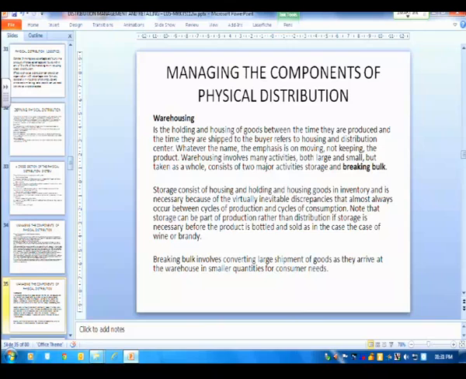Note that storage can be part of the production rather than distribution if storage is necessary before the product is bottled and sold, as in the case of wine and brandy. Breaking bulk involves converting large shipments of products as they arrive at the warehouse into smaller quantities for the consumers.